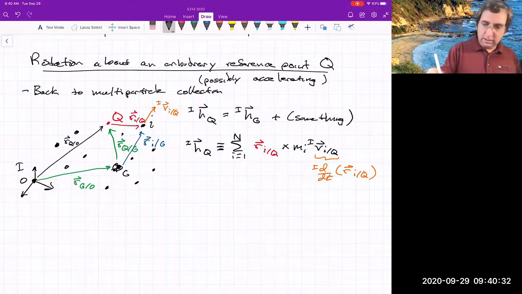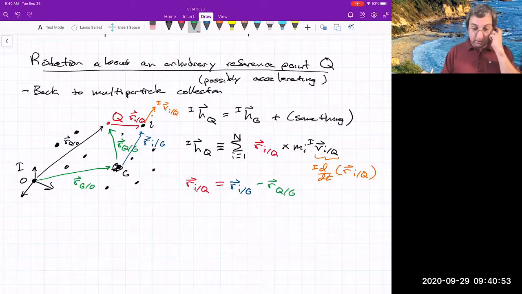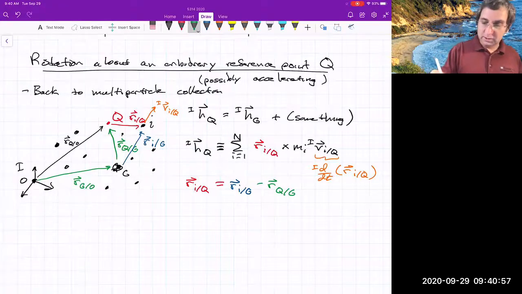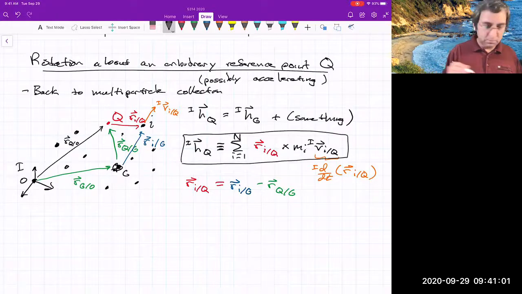And now we'll write that the location of each particle with respect to Q equals the location of each particle with respect to the center of mass, G, minus the location of Q with respect to G. So that's just from adding up these vectors, how they all line up.